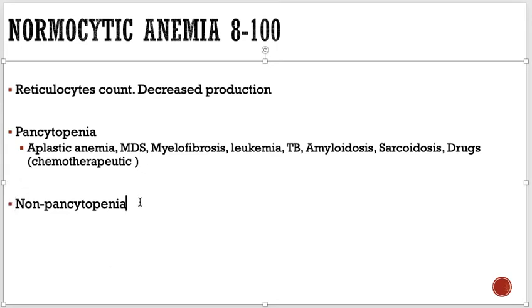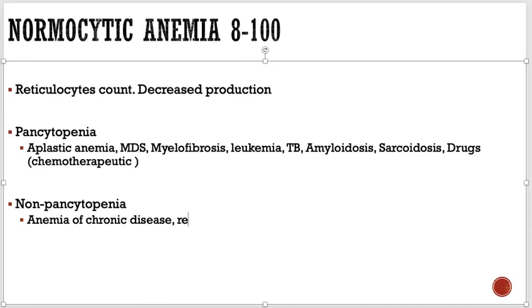In the non-pancytopenic type, only the red blood cells are gone. As I told you already, guys, anemia of chronic disease in its mild and moderate form gives normocytic anemia, but when it becomes severe, it becomes microcytic.